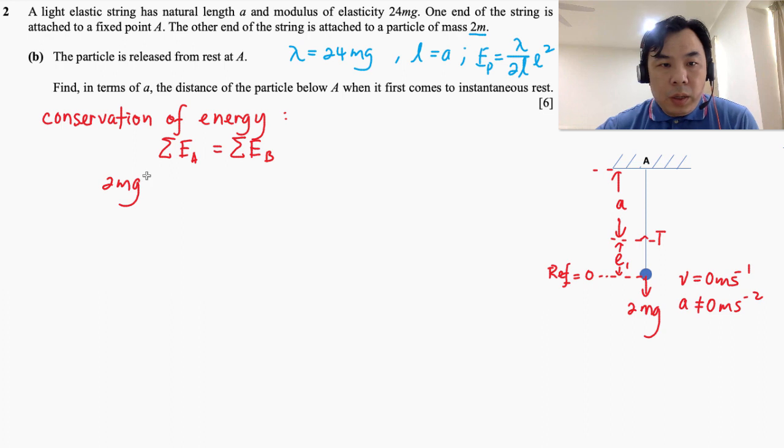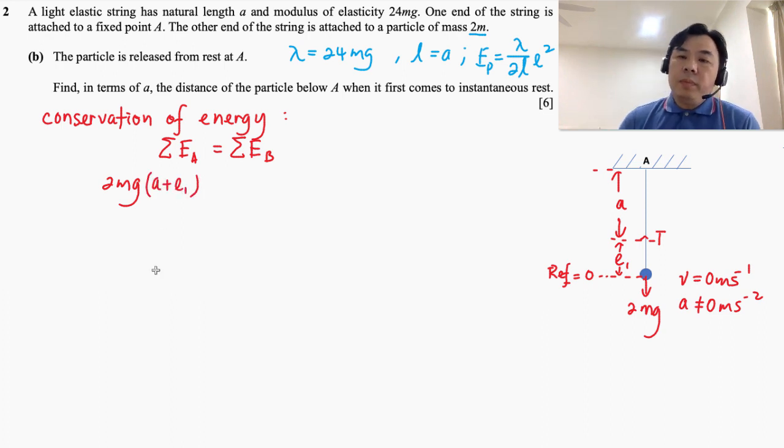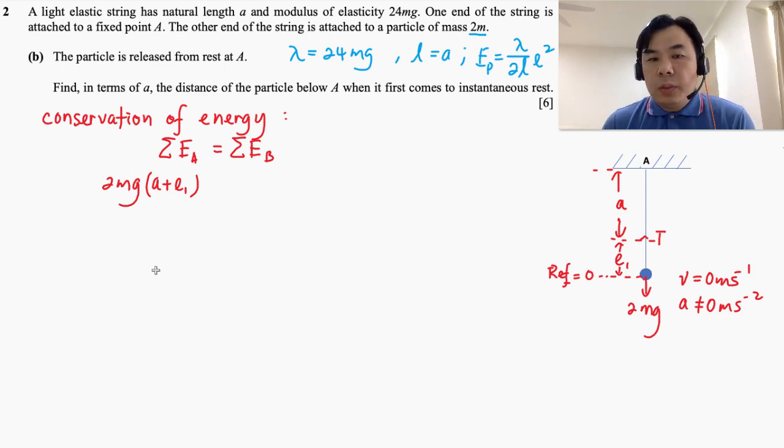The height would be a plus e1 here. So gravitational potential energy is 2mg(a + e1). Elastic potential energy at A is zero, so I can omit that. Kinetic energy is zero, I can omit that. Therefore, that's the only energy that I have at position A using this reference frame.